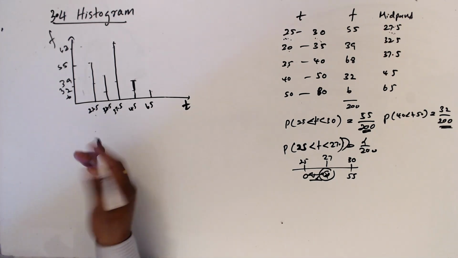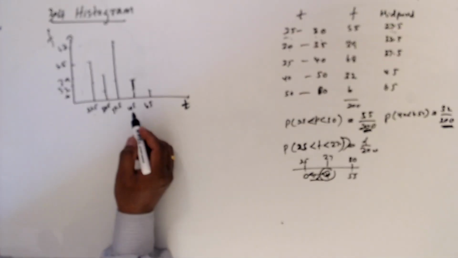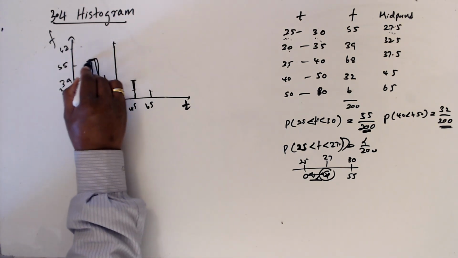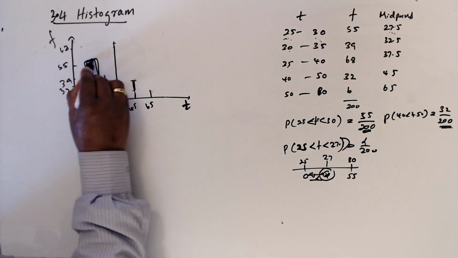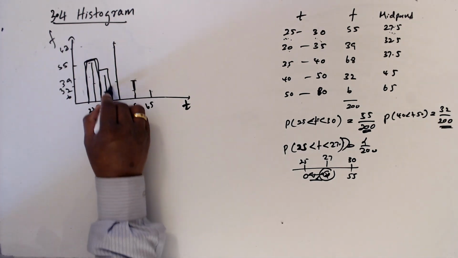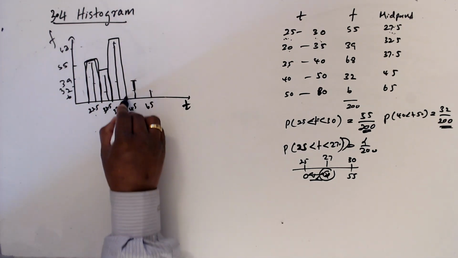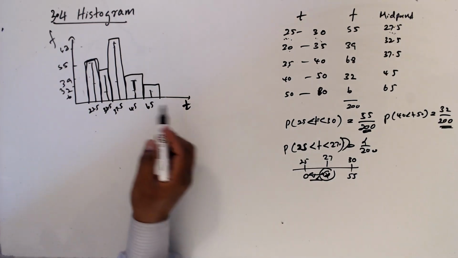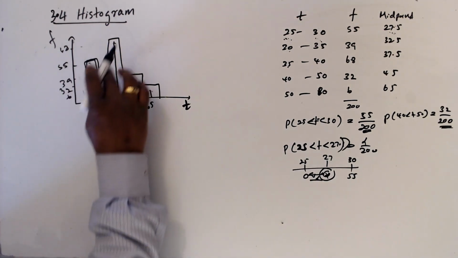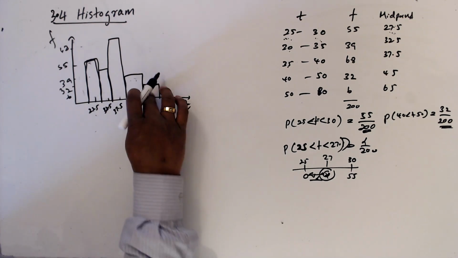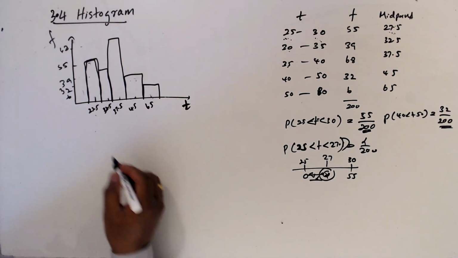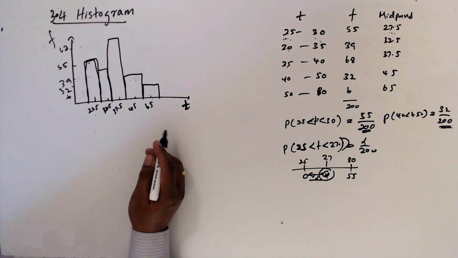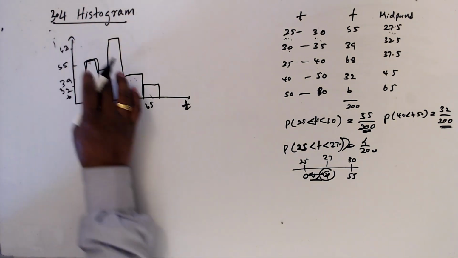Now instead of the normal spike, in a histogram you will see this as an area. So now frequency, we are going to express in terms of area.